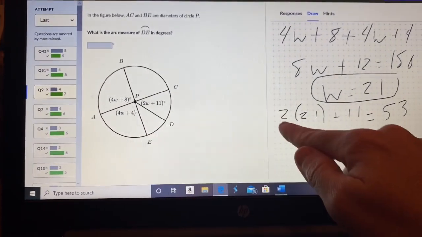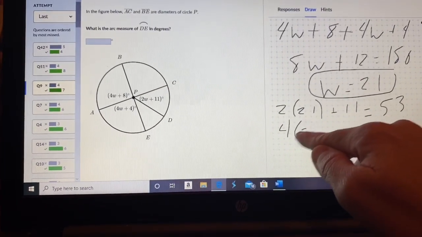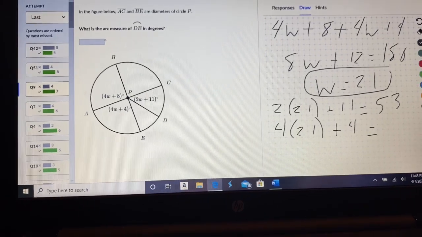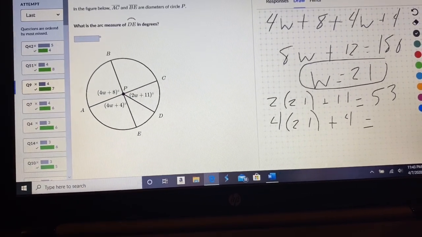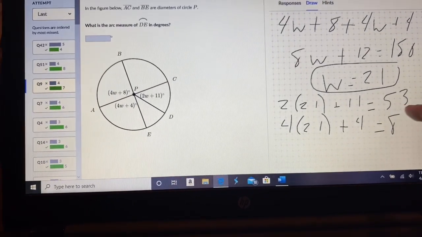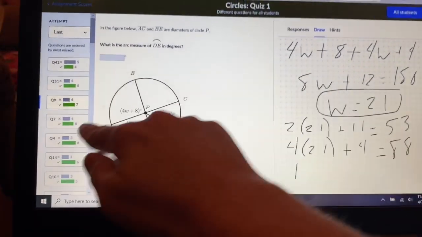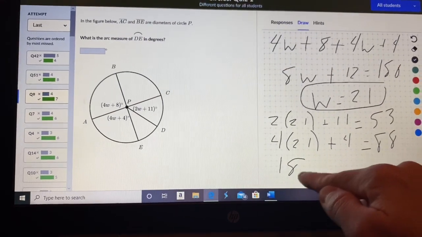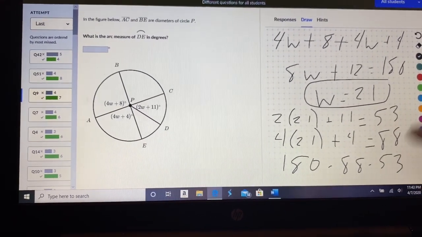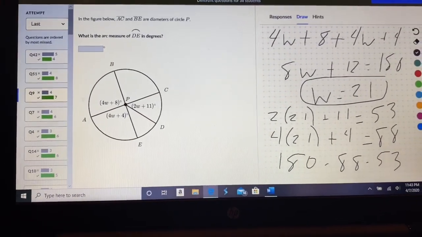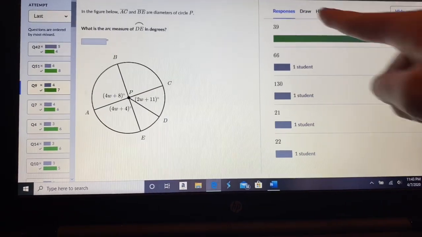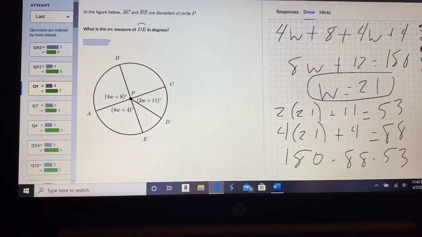Okay, then 4 times 21 plus 4. 84, I believe that's going to be 88. So 180 for the semicircle minus 88 minus 53. And that will give you 39, which is our correct response.